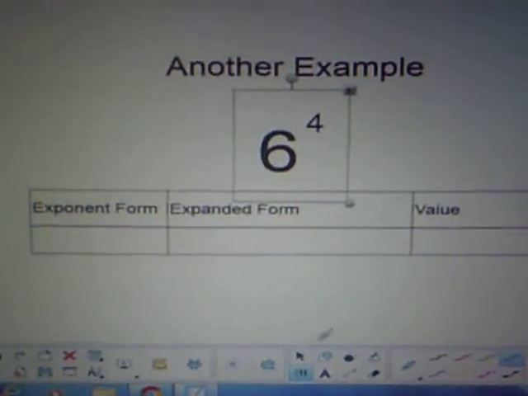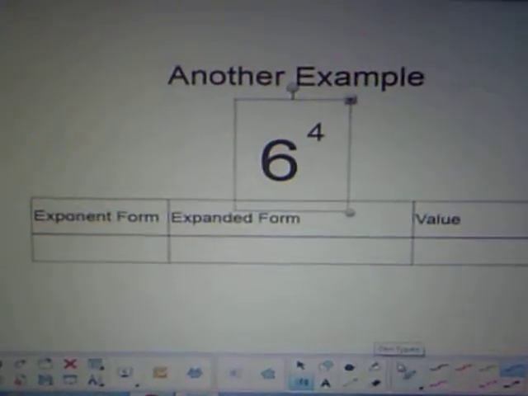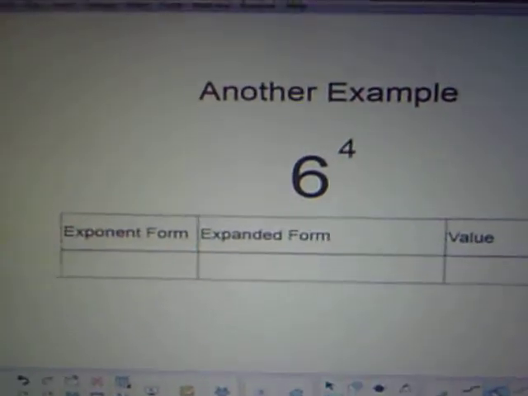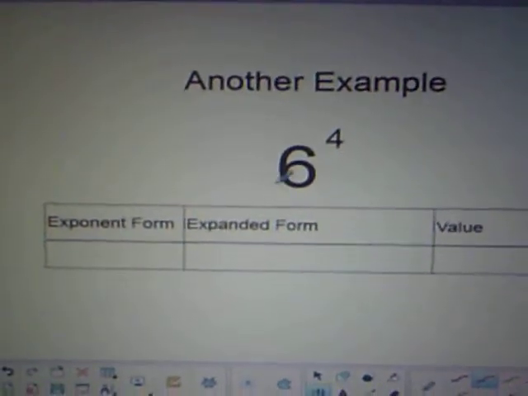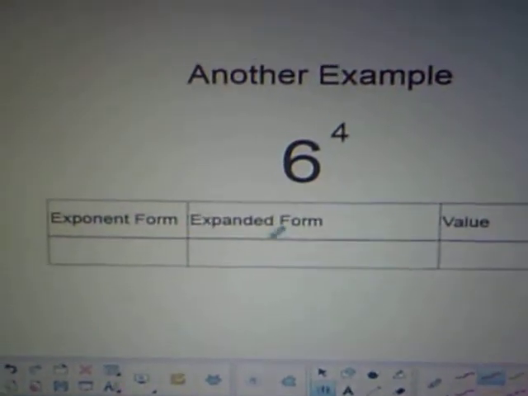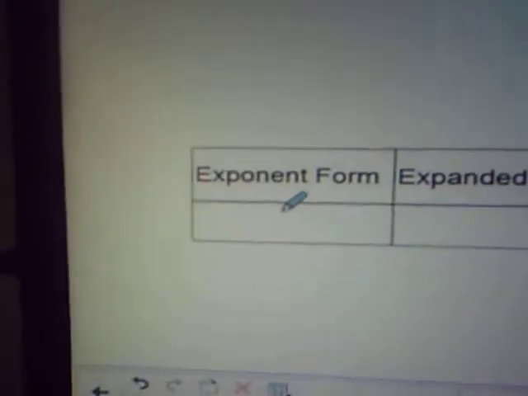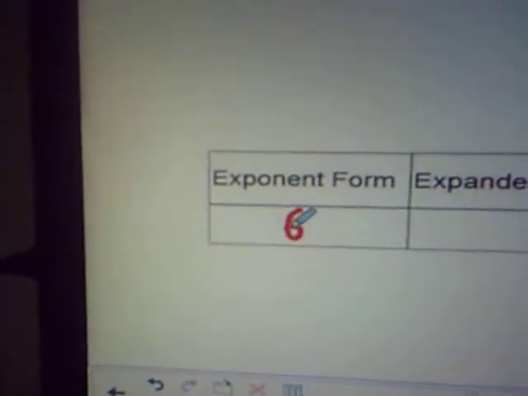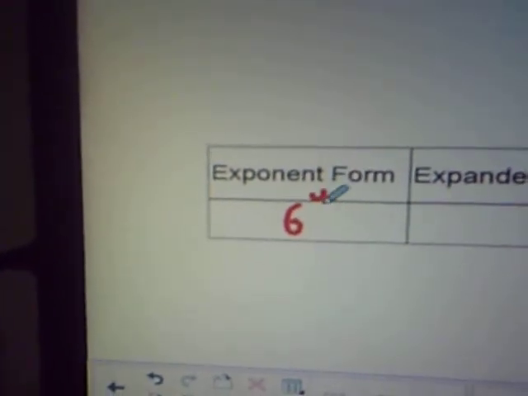Alright, let's move on to another example. Here we have a new exponent and a new base number. This number has a base number of 6 and an exponent of 4. So our exponent form, of course, is 6 to the 4th power.